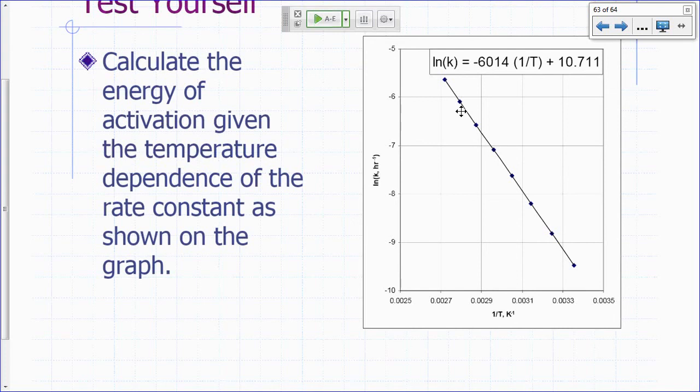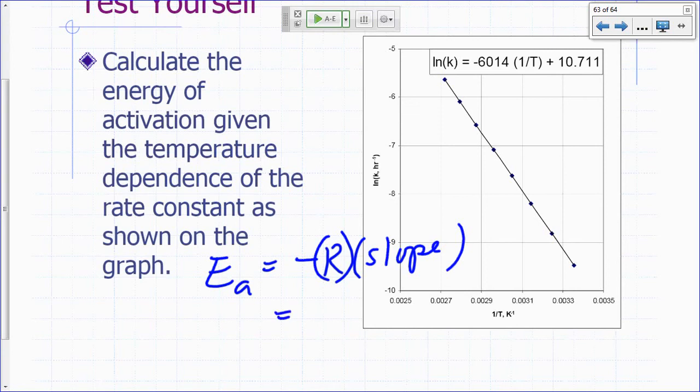So here's a graph of ln of k versus 1 over T. You have the slope and the intercept. What would be the energy of activation for this? Minus R times the slope, right? So what's our R? 8.314 joules per Kelvin per mole.